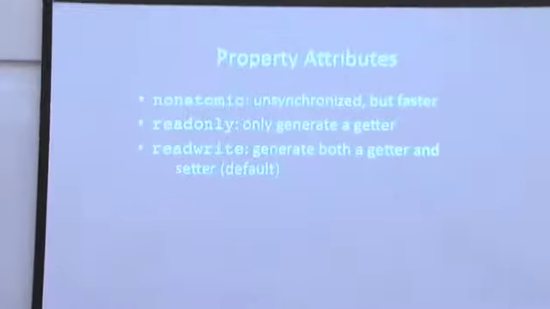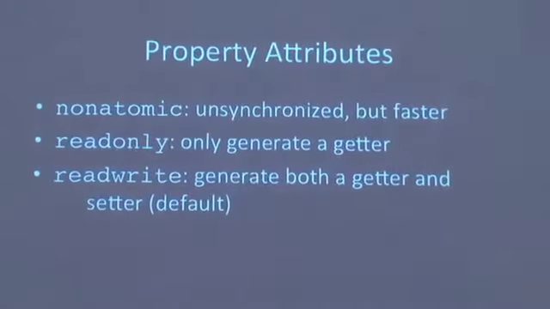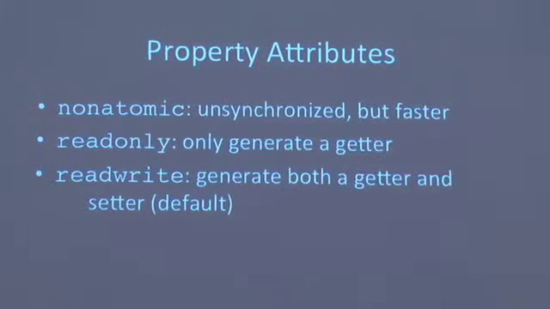So if you have a multi-threaded application where two threads of code could try to change a variable at the same time or interfere with each other in some way, you need to protect that variable from getting stomped on. If you know that's not the case, which is going to be our situation for a while, you can just say this is nonatomic. Things won't be synchronized, but it'll be much faster and it's a lot less overhead. So it's certainly worth doing.